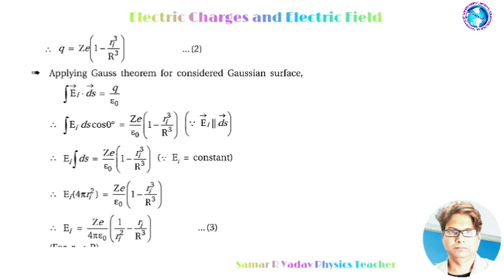Therefore, integration Ei ds cos 0 is equal to capital Ze upon epsilon 0 in bracket 1 minus ri cube upon capital R cube. Here vector Ei is parallel to vector ds. Therefore, Ei integration ds is equal to Ze upon epsilon 0 in bracket 1 minus ri cube upon capital R cube.